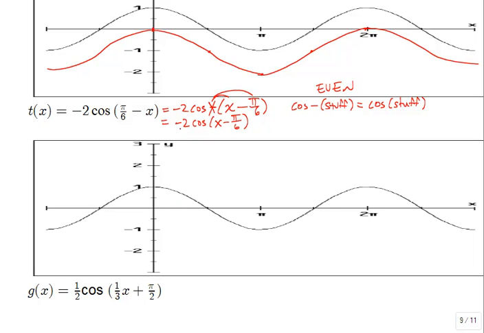So what is going on here? Well, we've got a negative out front, so that's a reflection over the x-axis. The 2 is a vertical stretch, which gives us a new amplitude of 2.